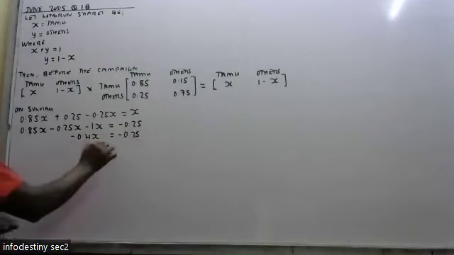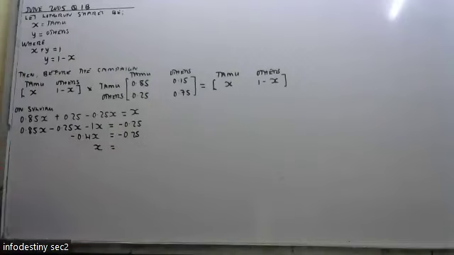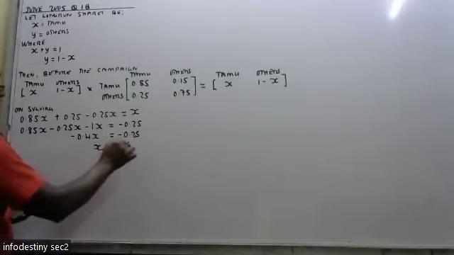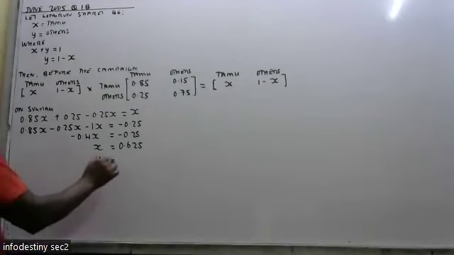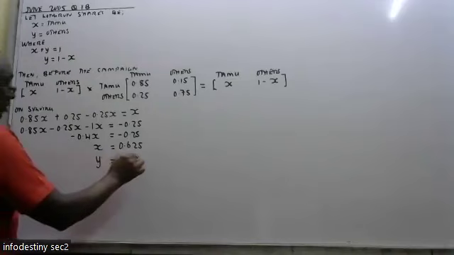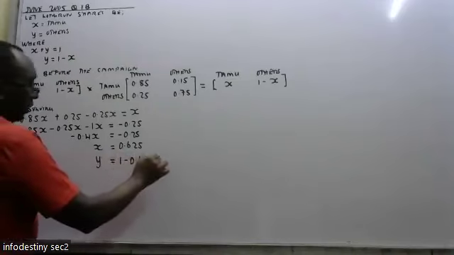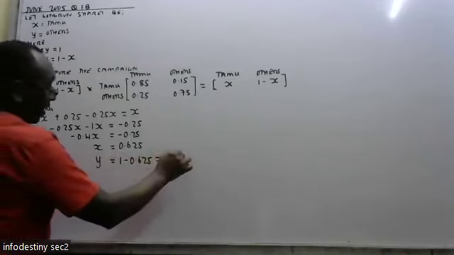Based on that, X should be equal to 0.625, and Y should be 1 minus 0.625, which is 0.375.